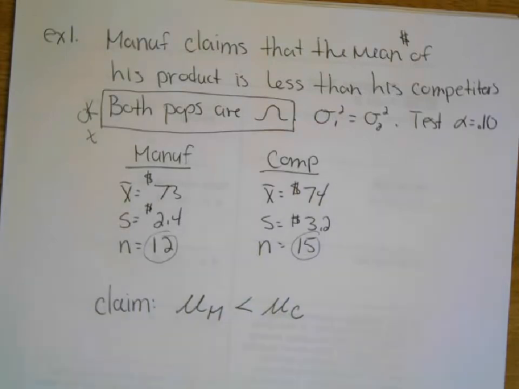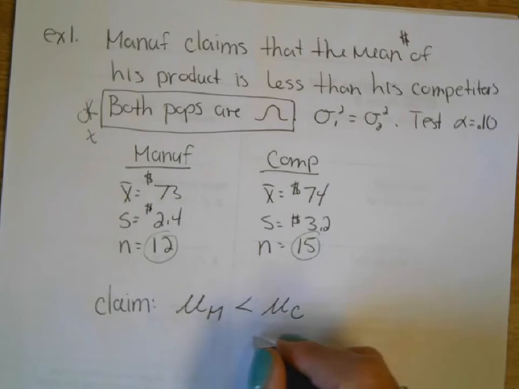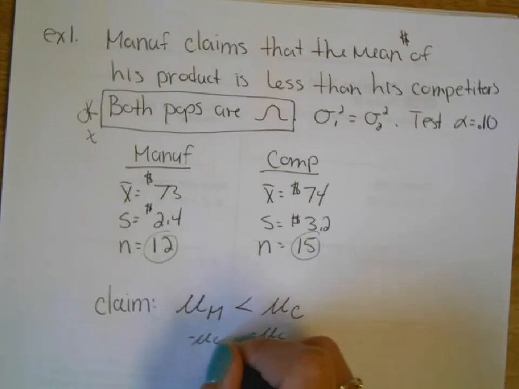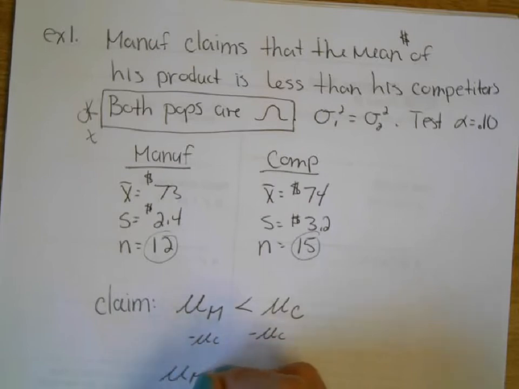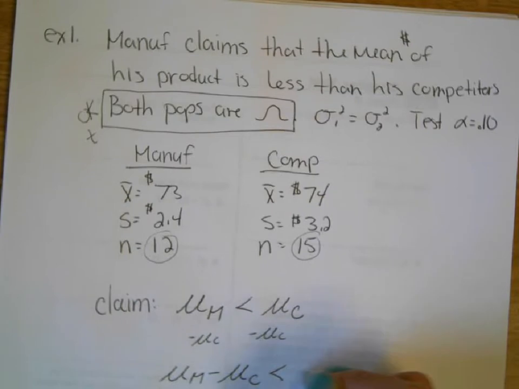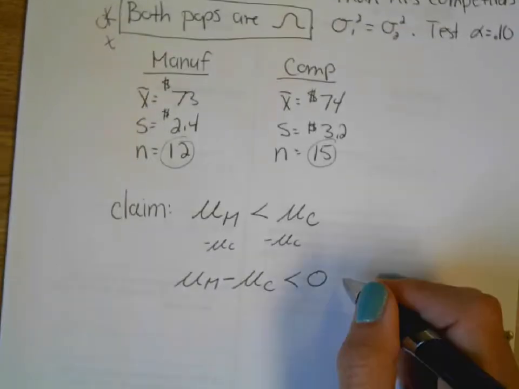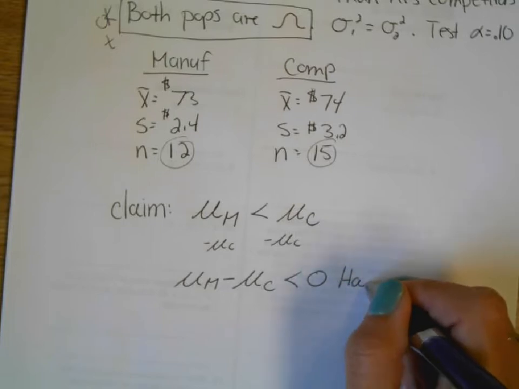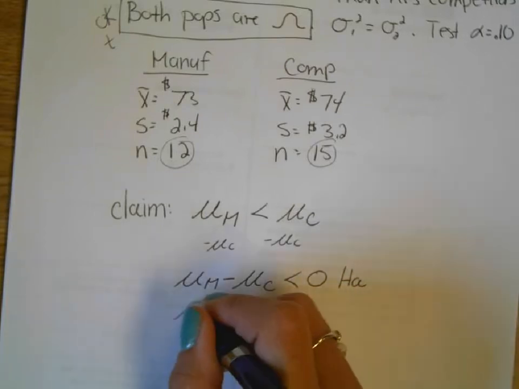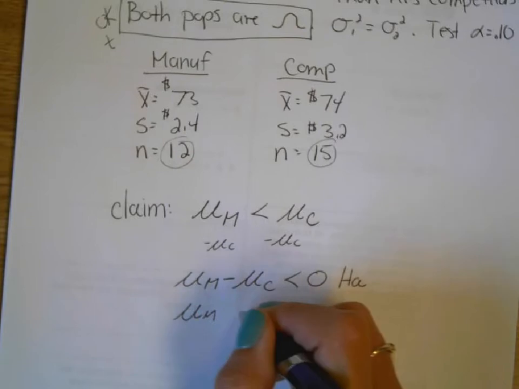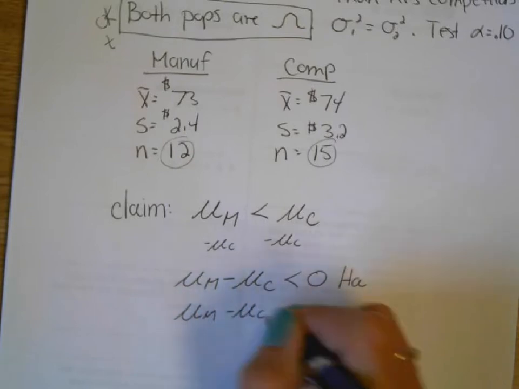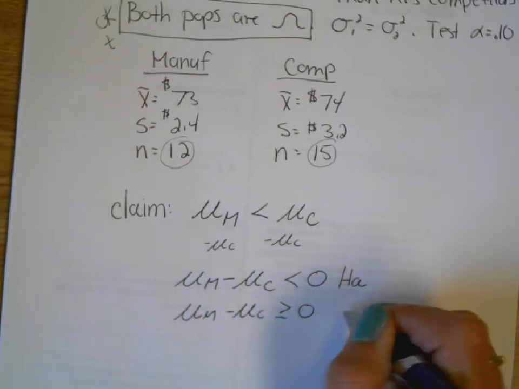Written as a subtraction, because we're testing the difference, the mean of the manufacturer minus the mean of the competitor is less than 0, making this the claim Ha. The H0 difference will be greater than or equal to 0.